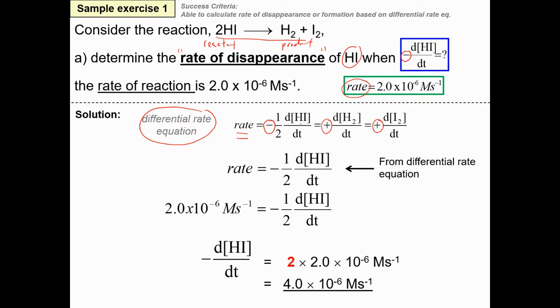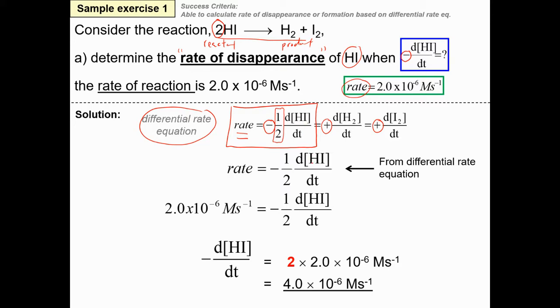Okay, now we go back to hydrogen iodide. The coefficient is 2, so when we put it in the rate differential equation, it is not times 2, it is 1 over 2. Thus, when we look at this equation, it means that the rate is equal to the rate of hydrogen iodide.